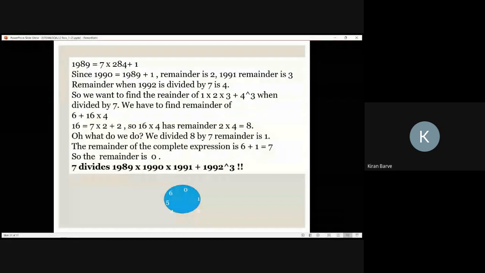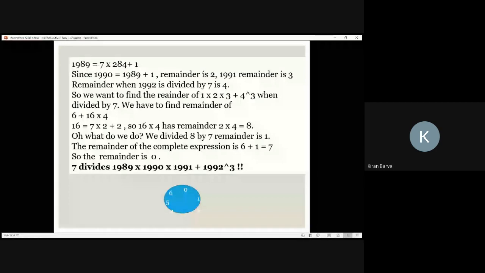So by our rule, for 1989 into 1990 into 1991, the remainder is 1 into 2 into 3, that is 6. And 1992 gives the remainder 4. And 4 cube is 64, so I get remainder 1 there when divided by 7.